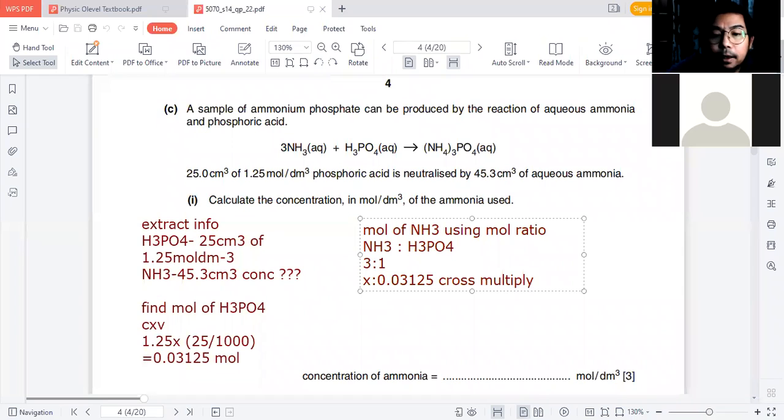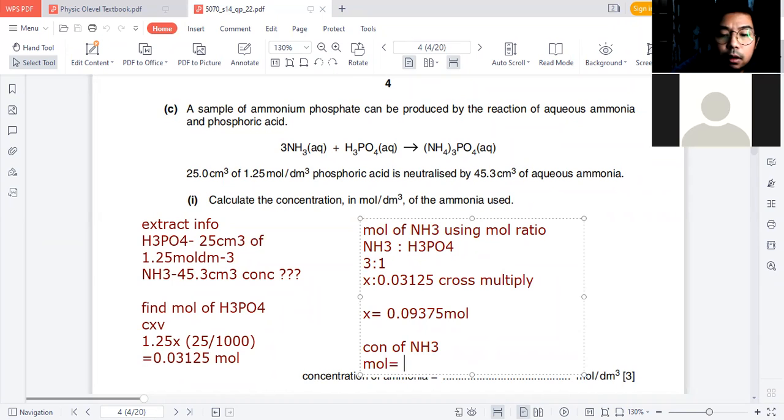You will get the answer times by 3, which is 0.09375 mole.